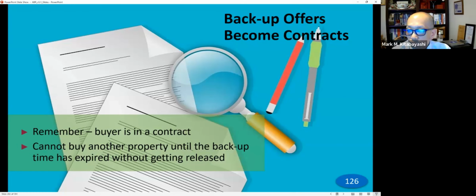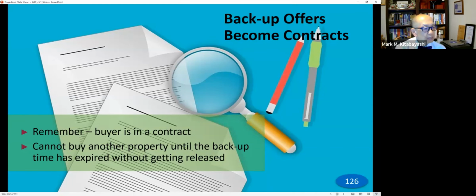So I'm skipping some of these steps on submitting the offer. You can have somebody on a backup offer, but a backup offer is also a binding contract, with the caveat that if buyer number one does not fulfill their contract and backs out, buyer two automatically becomes the buyer.